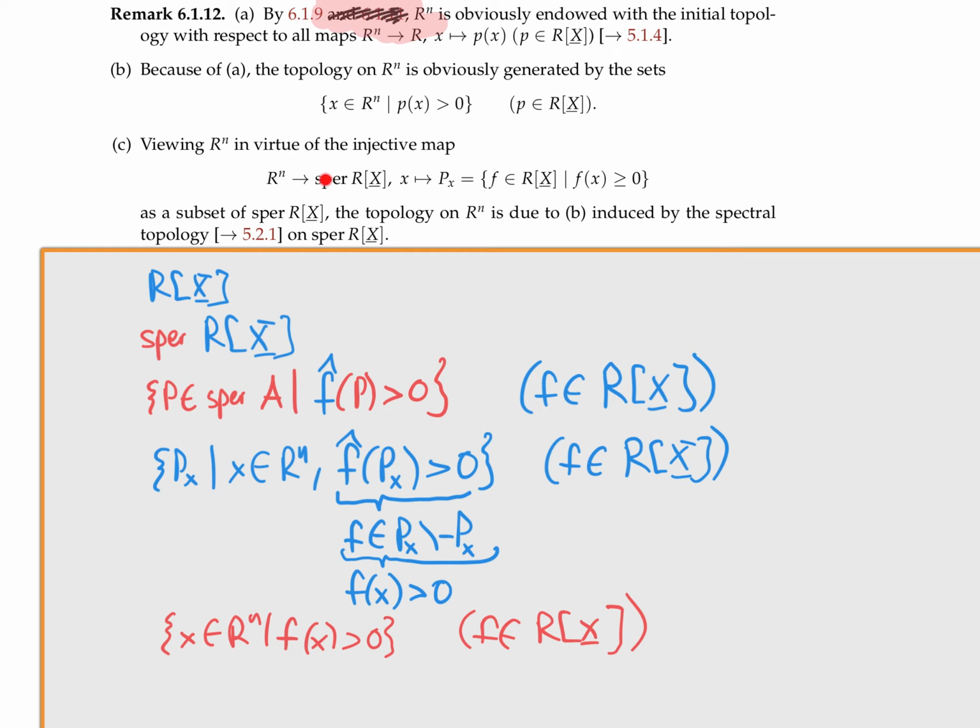So we first introduced the real spectrum on a commutative ring. And in this section, we first introduced the topology on the real spectrum of a commutative ring, and we introduced also topology on R2n. And actually, it turns out that this is a subspace. And that's nice, okay?